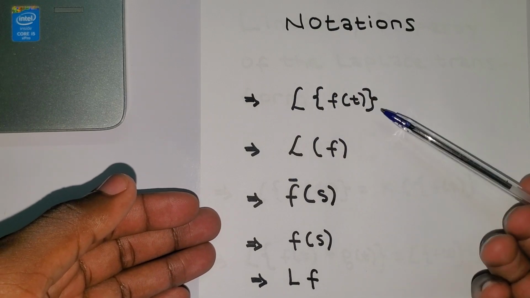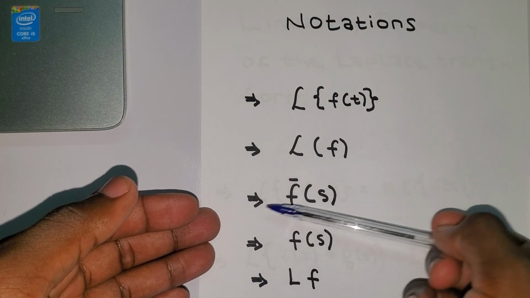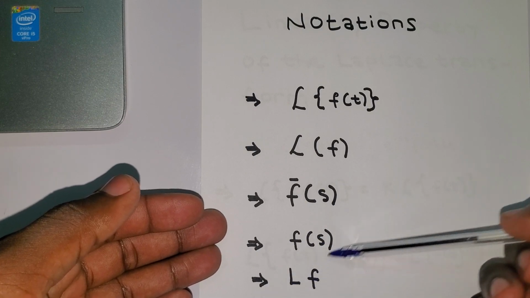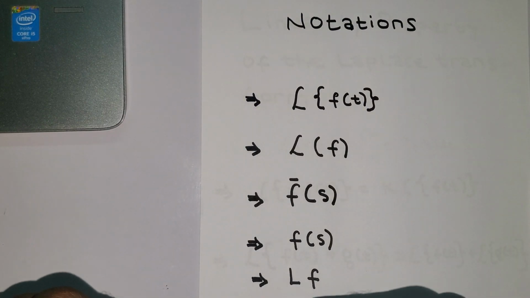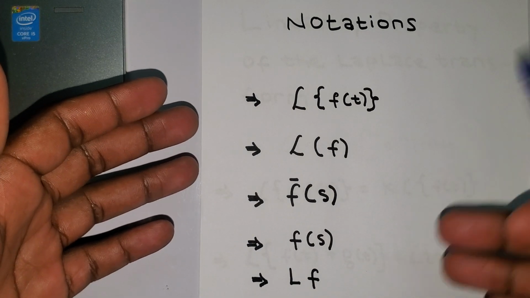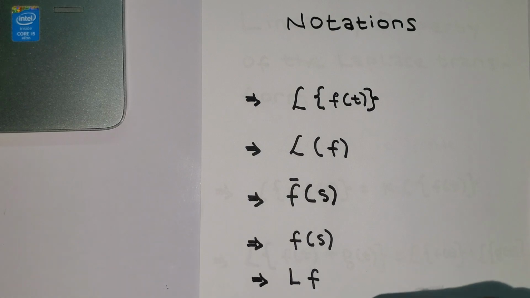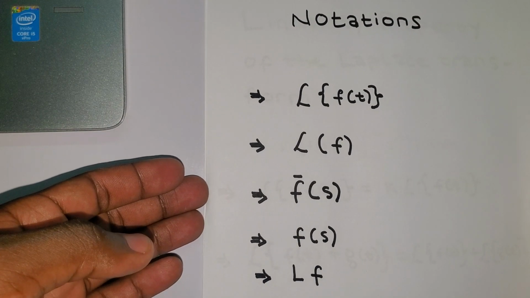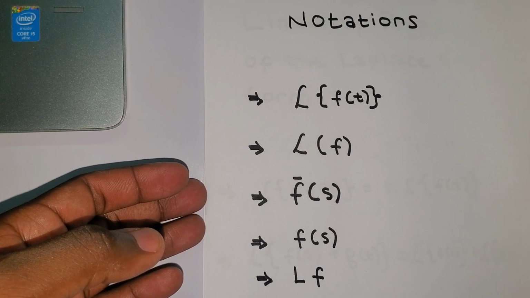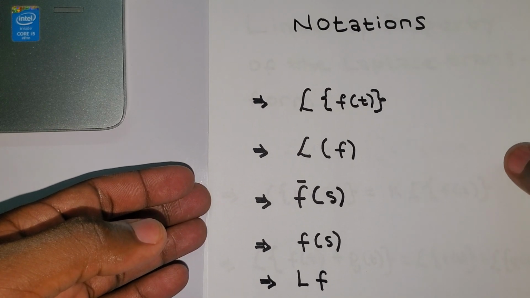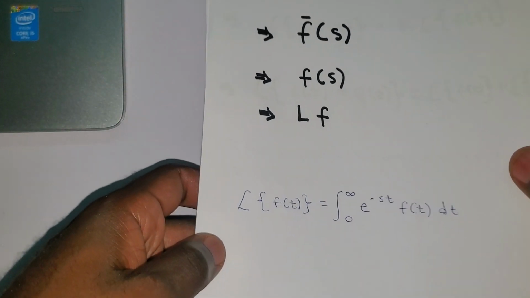You can use this notation, this notation, or this notation, and all of them can be used. I might use these notations interchangeably as we move on, depending on which one is neater and cleaner, if there is such a thing.